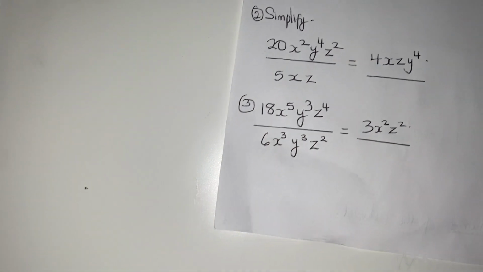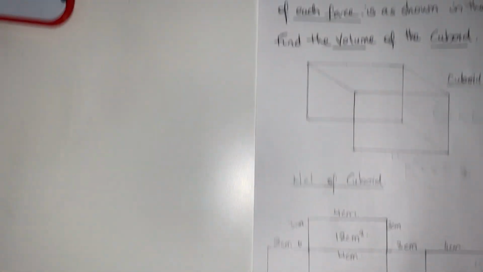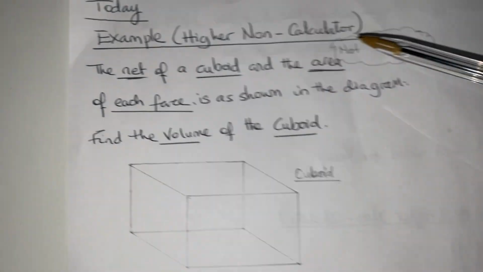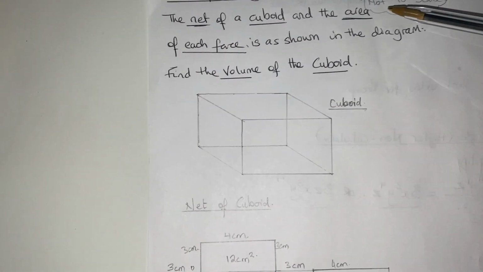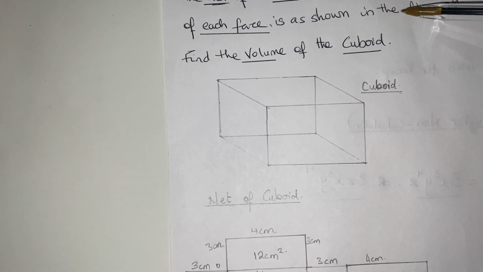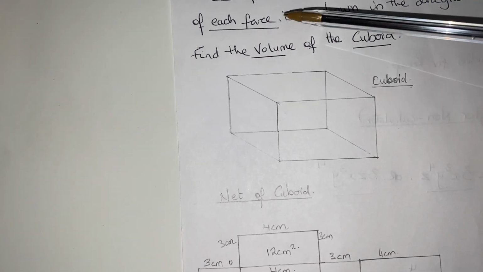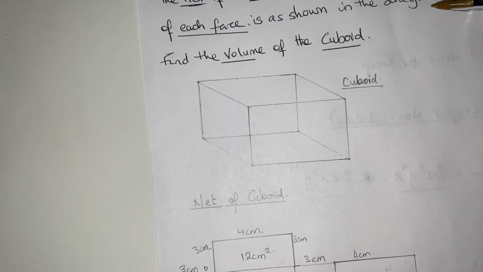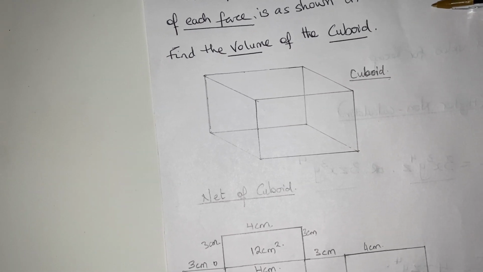Okay? Now let's look at what we are doing today. This is also a higher non-calculator paper. The net of a cuboid and the area of each face is as shown in the diagram.